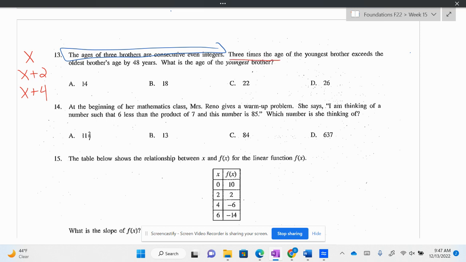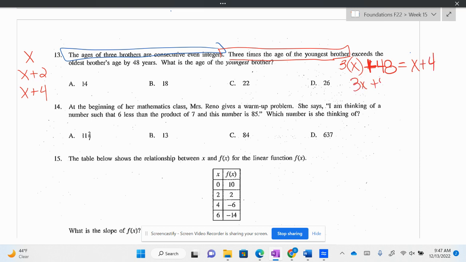It says 3 times the age of the youngest brother exceeds the oldest brother's age by 48 years. That means it is 48 more than the oldest brother's age.